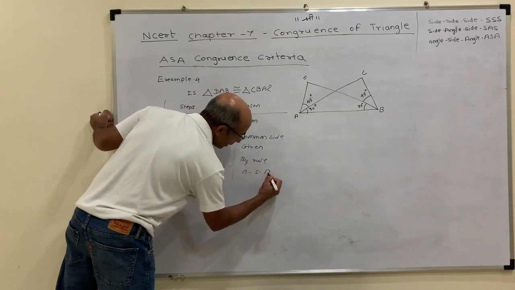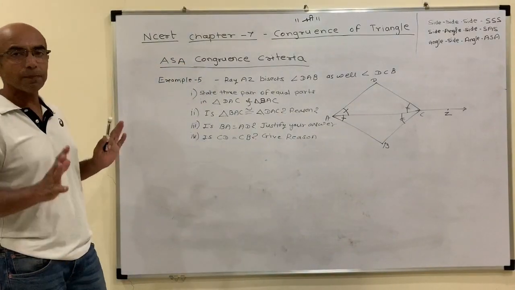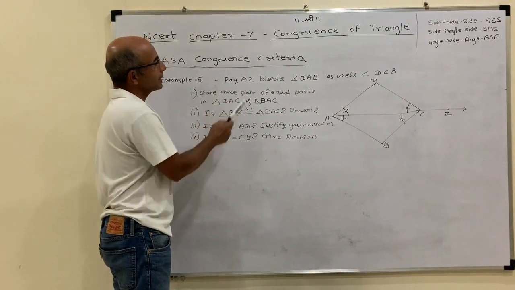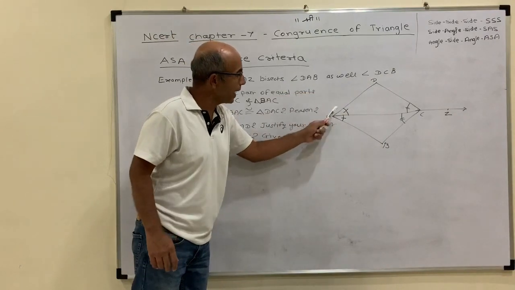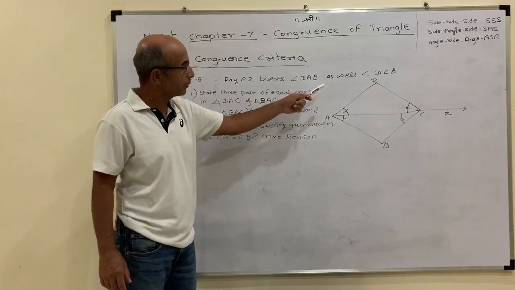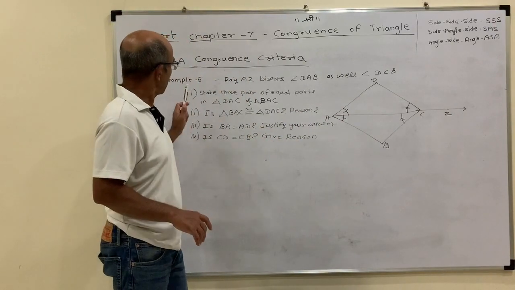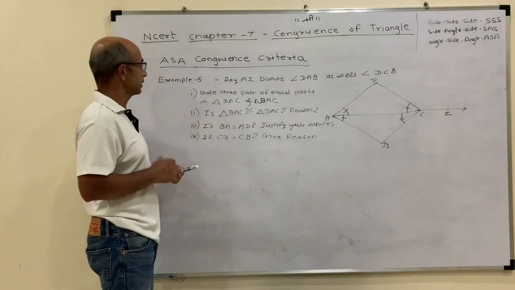angle side angle. Now let's look at this example 5. What they say: ray AZ bisects angle DAB and as well angle DCB. Now we need to answer these 4 sub questions.